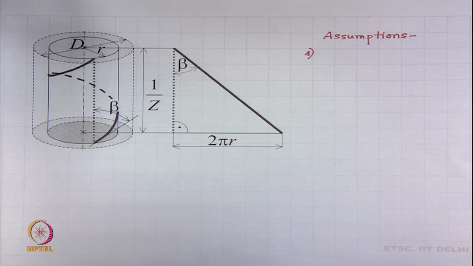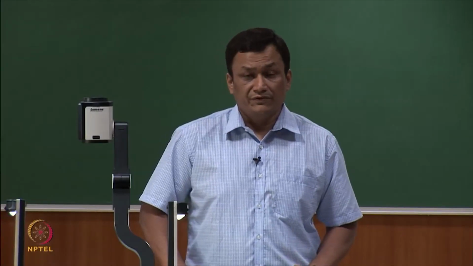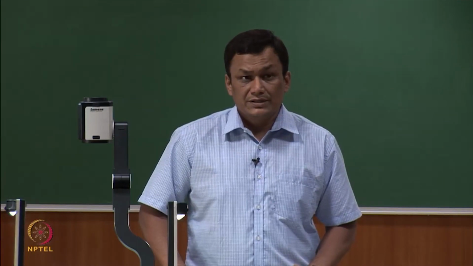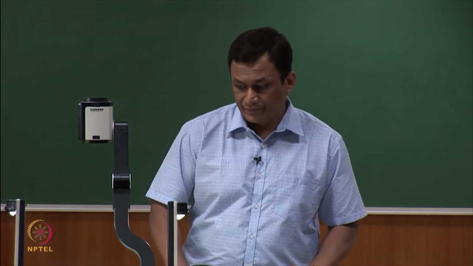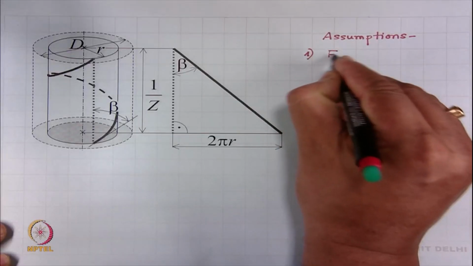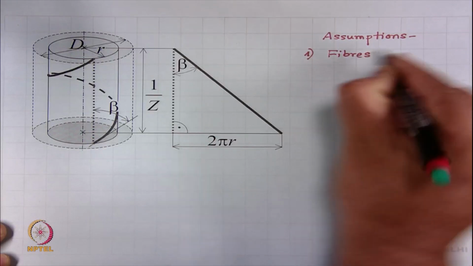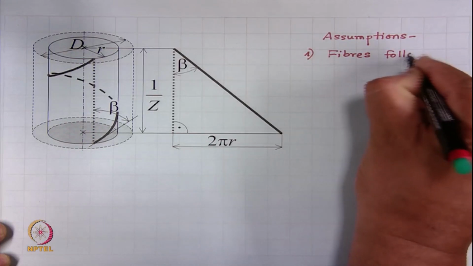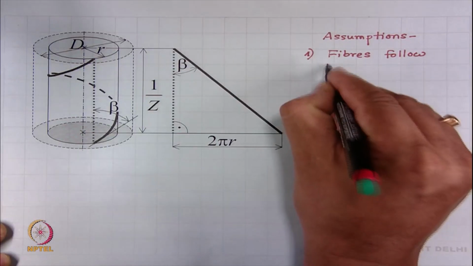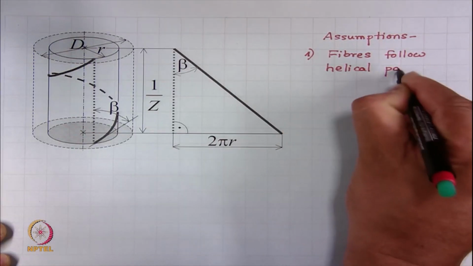The first 3 are very general assumptions, and the fourth one, very important, is a very special assumption. The first assumption: fibers follow a helical path in yarn.